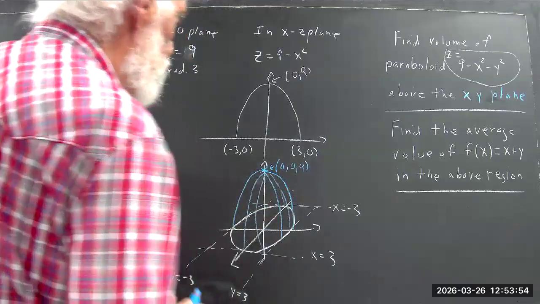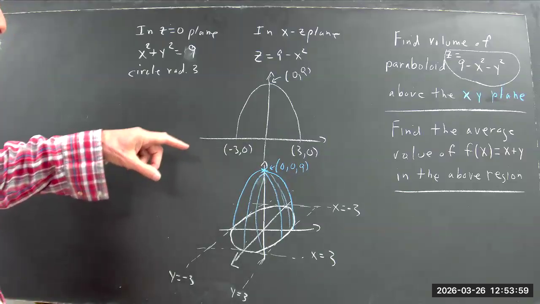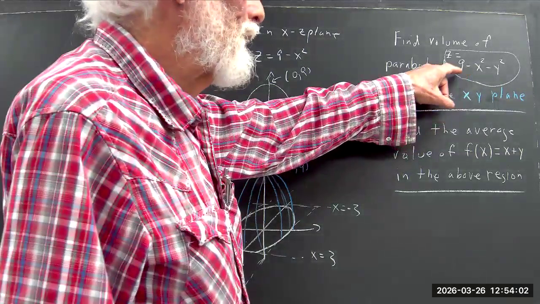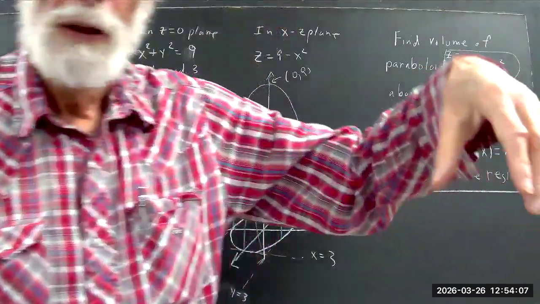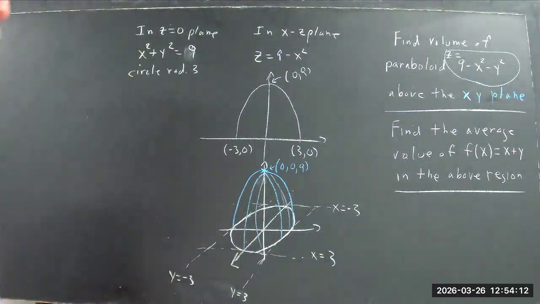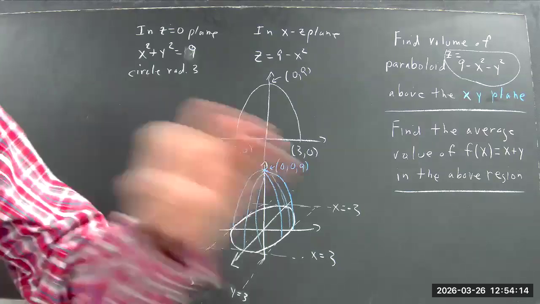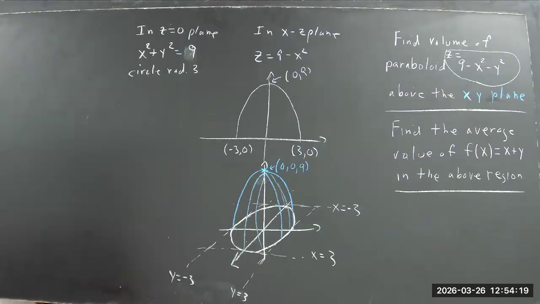And in any plane, if z equals 8, let's say, the equation would be 9 minus x squared minus y squared equals 8. So x squared plus y squared would be 1. We'd have a circle of radius 1 in the z equals 8 plane. Now, I'm not going to write that down. Take notes, or go back and read the AI summary, or actually look at the video, whatever works for you, or go back and review it in your book until you can do this, okay?